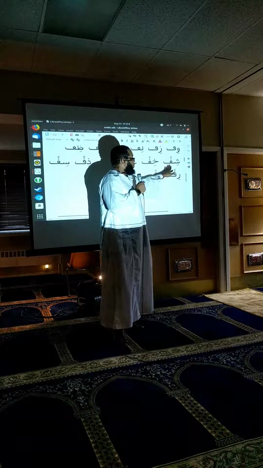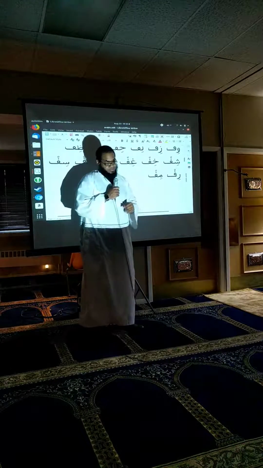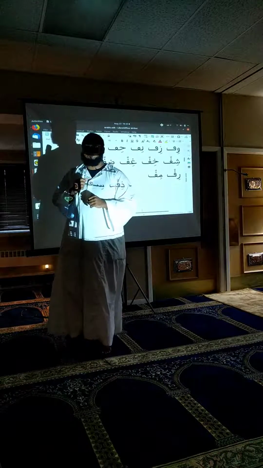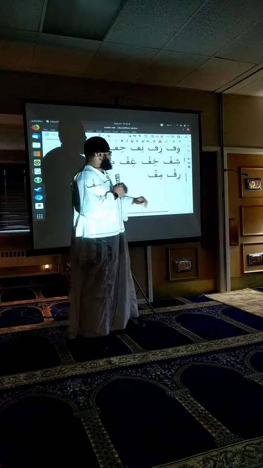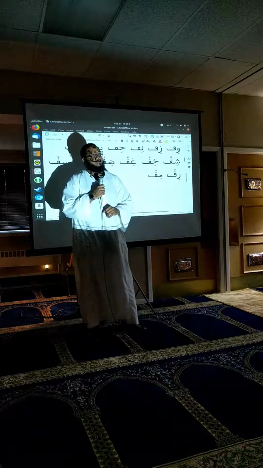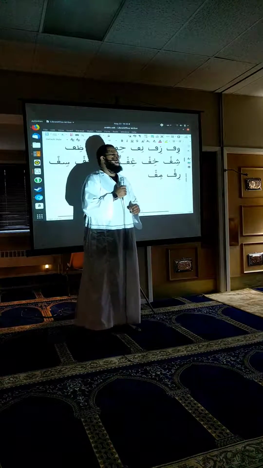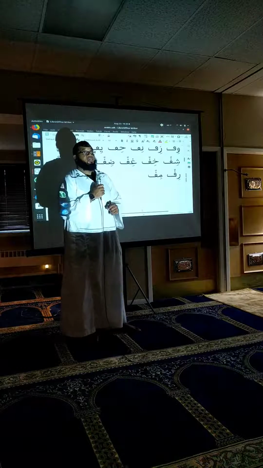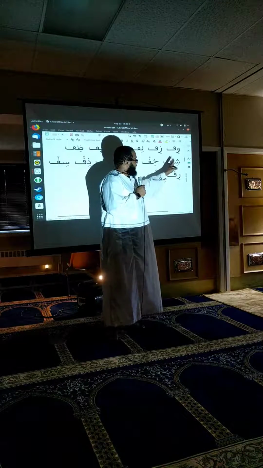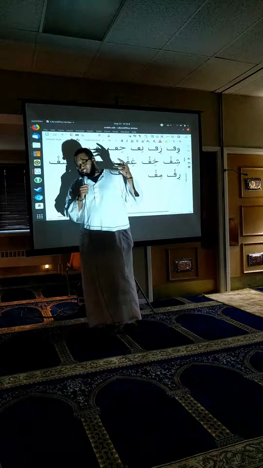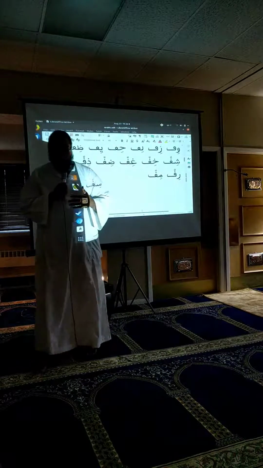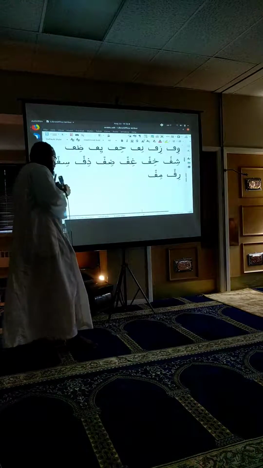What letter is this? Who knows? This is not a tha, no. It is a sheen. Right, so this is a sheen with a kasra underneath it. How do we say a sheen with a kasra underneath it? Shi.